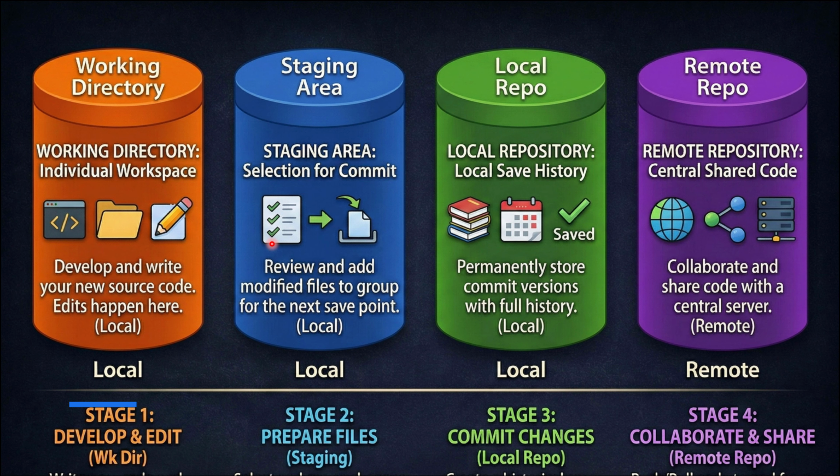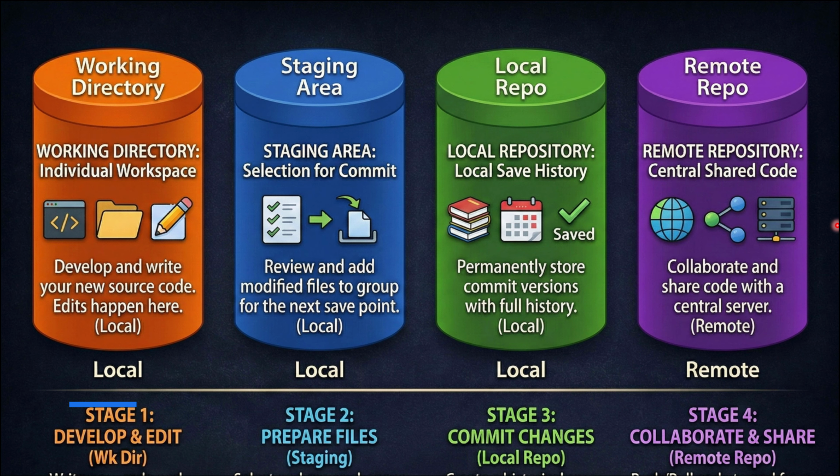If we have 10 files and want to commit only 5, we move only those 5. Then we have the local repository, where we save the history permanently. And finally, we have the remote repository, to share and collaborate, hosted on a server online.